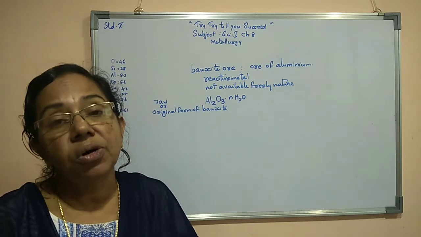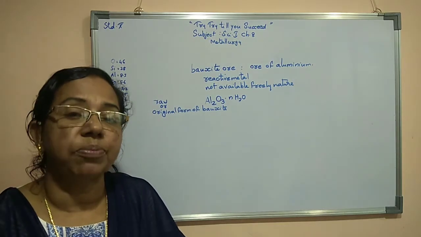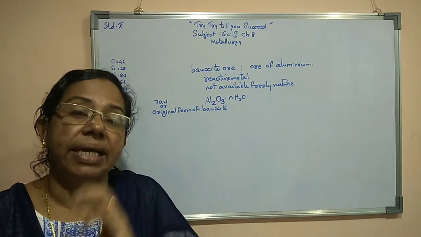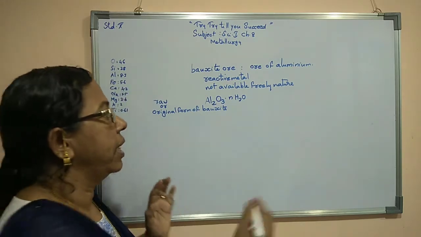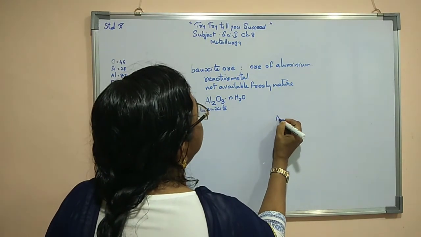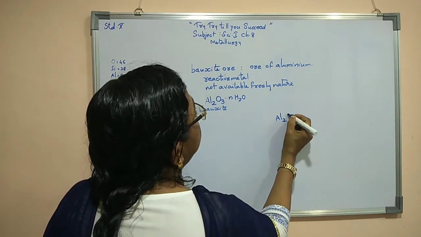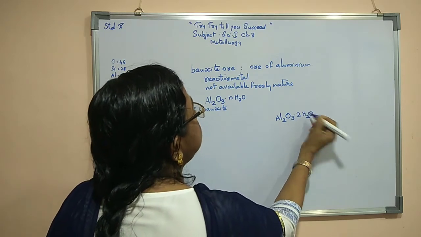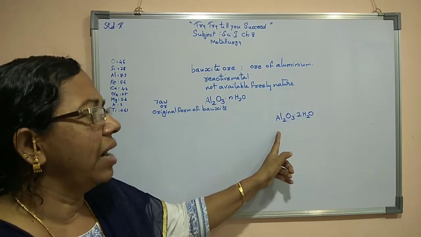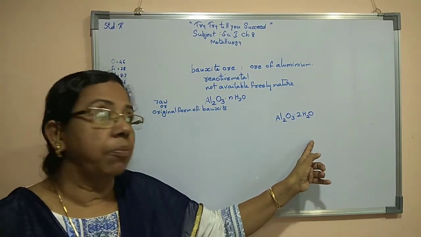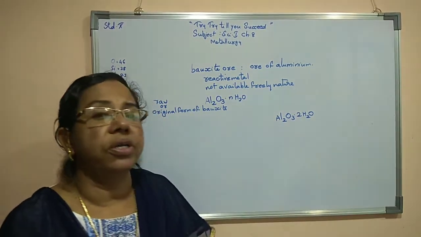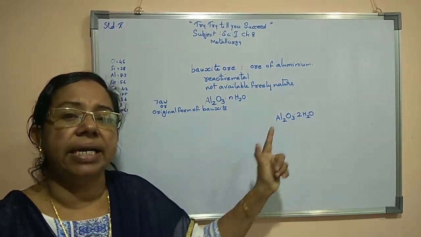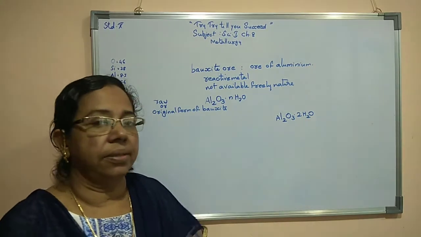Then after concentrating that ore, the concentration process we will study. After concentrating the ore, we will get bauxite, its formula containing only 2 molecules of water, Al2O3.2H2O. So one molecule of bauxite contains 2 molecules of water.